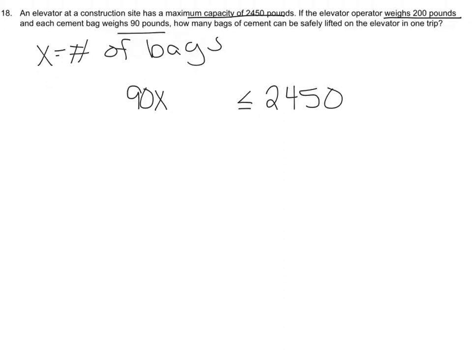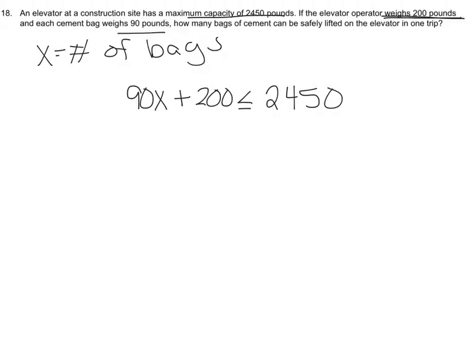If I multiply 90 pounds times the number of bags I have, then I'll get the total amount of weight of cement. Then I'm going to add 200 to it because the operator is always on the elevator and he weighs 200 pounds. So my inequality is 90x plus 200 is less than or equal to 2,450.